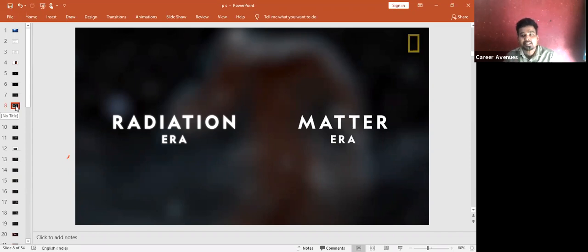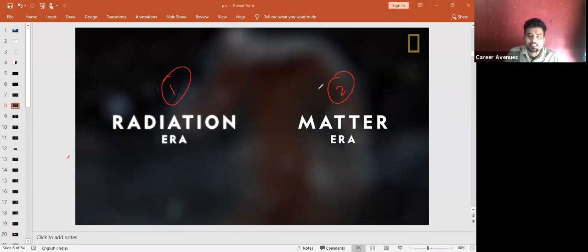Then we have a matter era. Just like the geological time scale, we have eons, eras, periods. Similarly, the whole Big Bang is divided into two major eras. The first one is radiation, and the second one is the matter era.